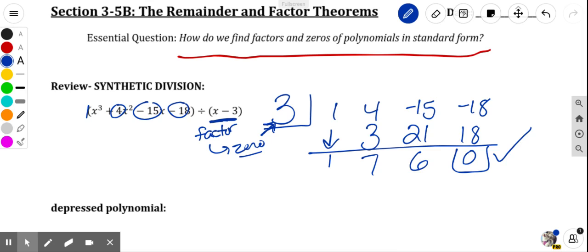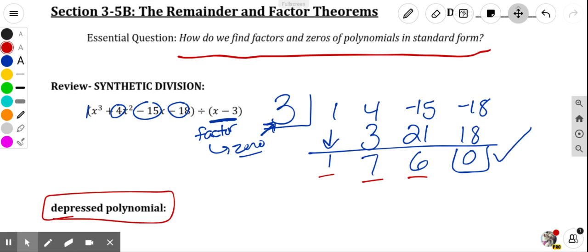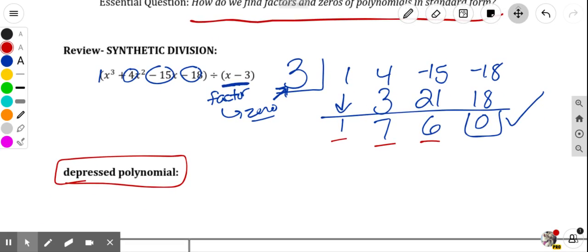We talked about that. Now, if you remember when we learned this, we were dividing, so our goal was to get a quotient. We still want that. Hopefully you remember that these three numbers turn into a polynomial. That polynomial is called the depressed polynomial. I'm not sure if I ever actually defined that for you, but that's what it is. The depressed polynomial is the polynomial you get after doing synthetic division.